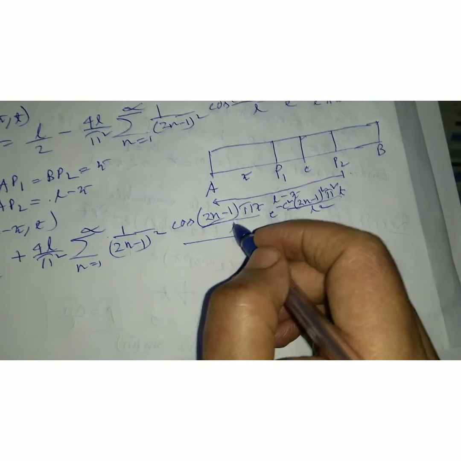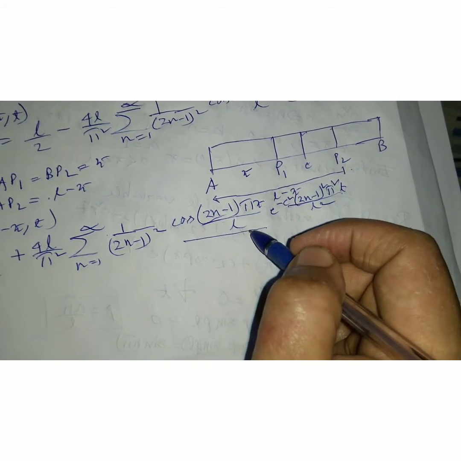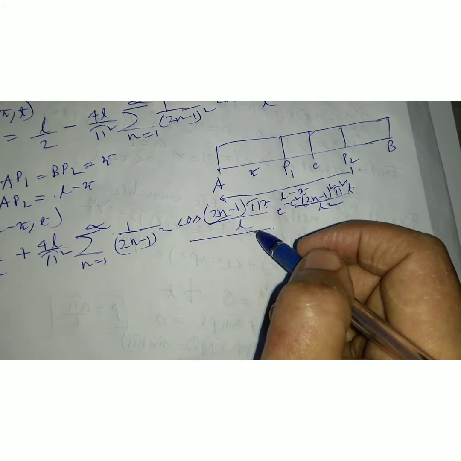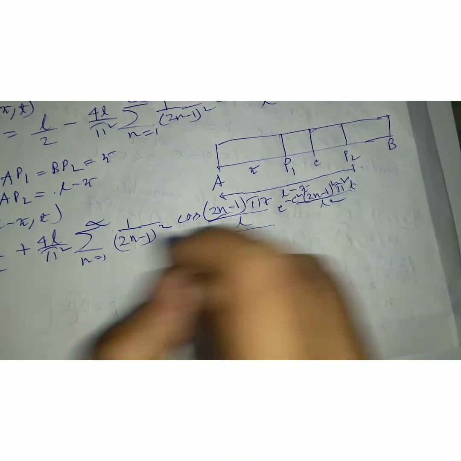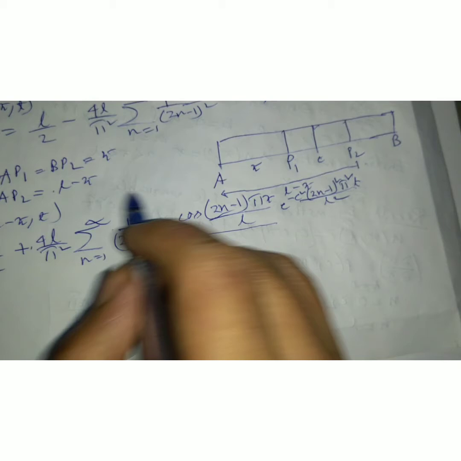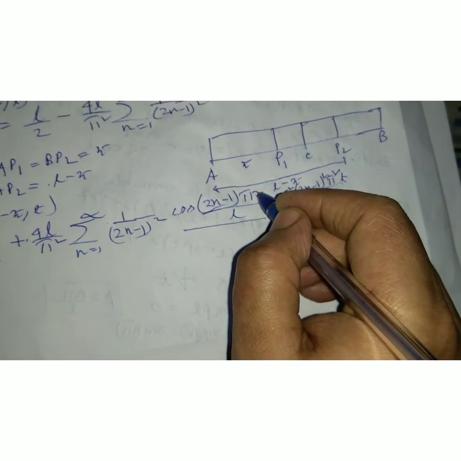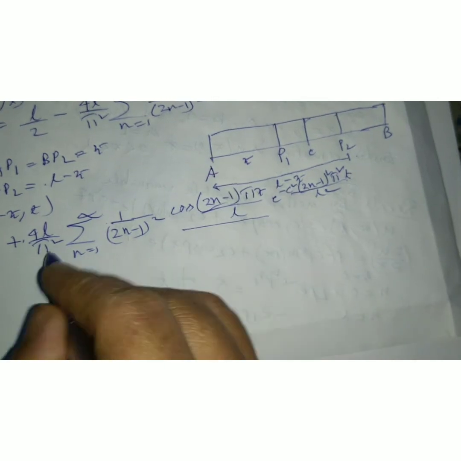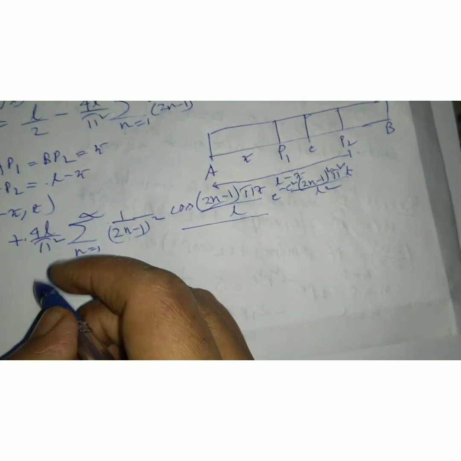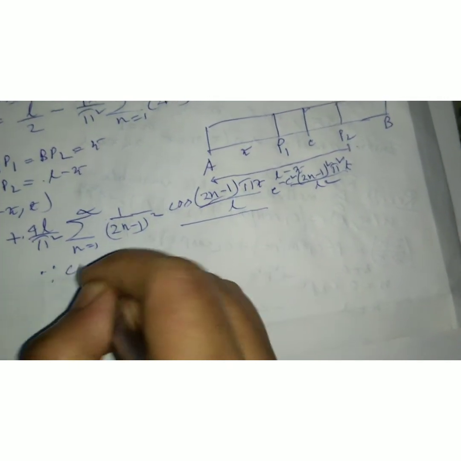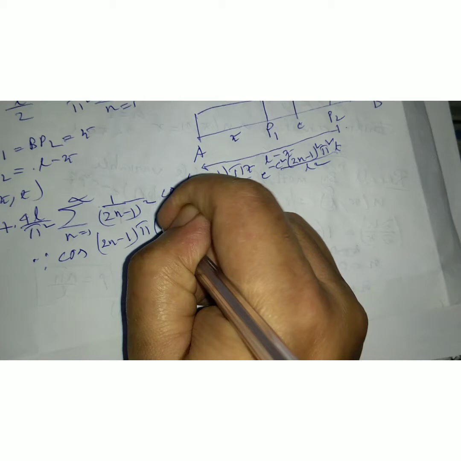And this value is equal to minus, this is the plus. Another fact is that if you put L minus x in case of x, then you can get cos (2n minus 1) pi (L minus x).